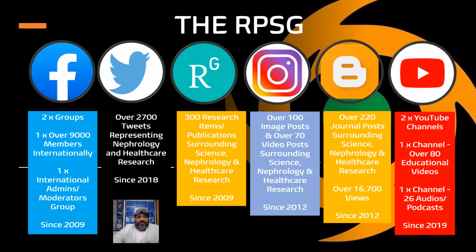On Facebook, there are two main Facebook groups. There's one Facebook group that has over 9,000 members internationally, and one Facebook group which is primarily for the administrators and moderators for the Renal Patient Support Group, the RPSG.